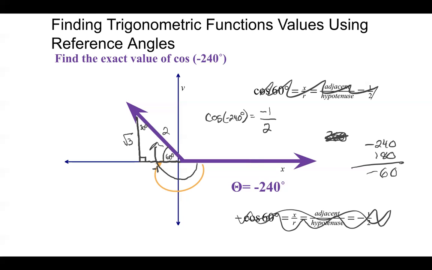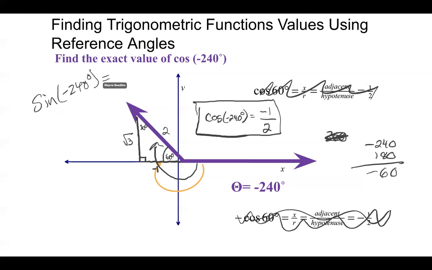So we get this answer of -1/2. Now, a lot of you might be saying, well, can I use a calculator? Because that's going to be -1/2 or -0.5. It would give you -0.5. But when the other ones come about, like sine of -240, that's going to be square root of 3 over 2.